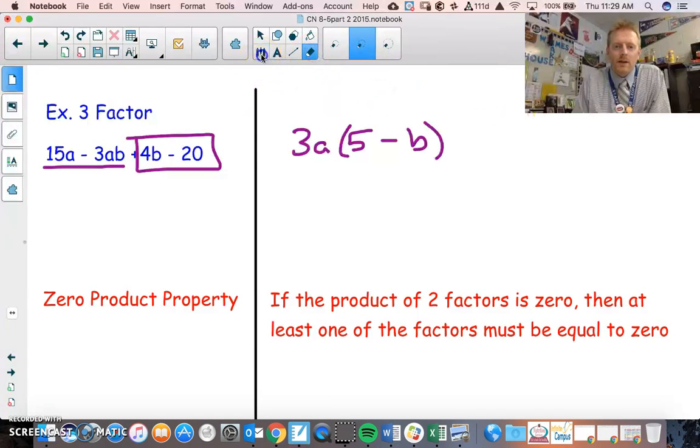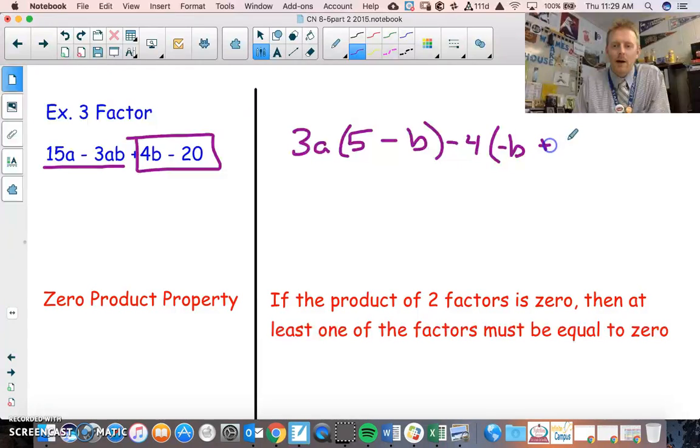We're going to divide out a negative 4 so that we are left over with a negative b and a positive 5. That's why I'm choosing a negative 4, so I'm left over with a b that's negative and a positive 5. That's the confusing part about this one. These two things could get switched around, so it says the exact same thing as the other one.